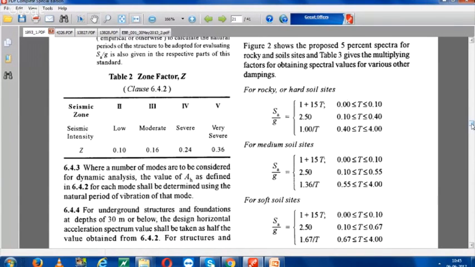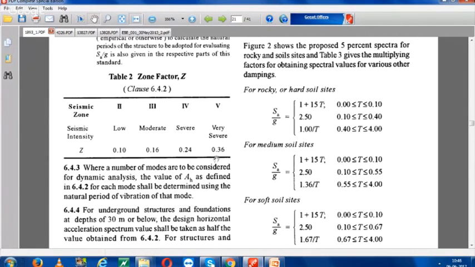You can see there are different kinds of intensity: low, moderate, severe and very severe. We have also tested our building for zone 5, considering soft soil condition and a very severe kind of loading.